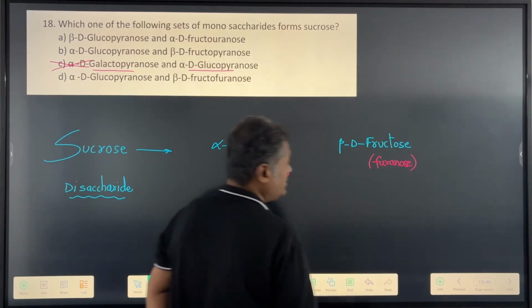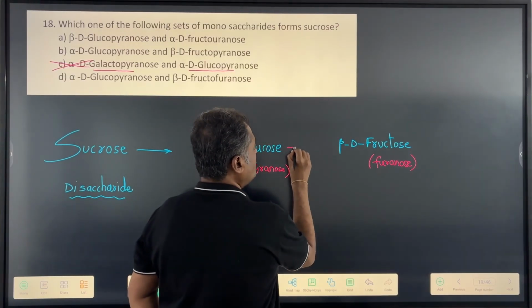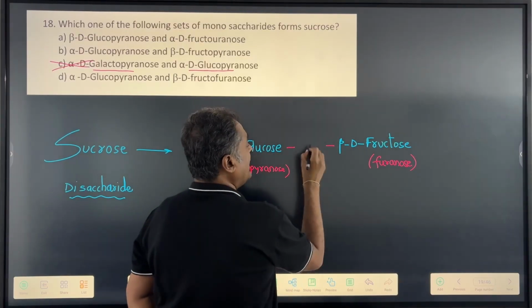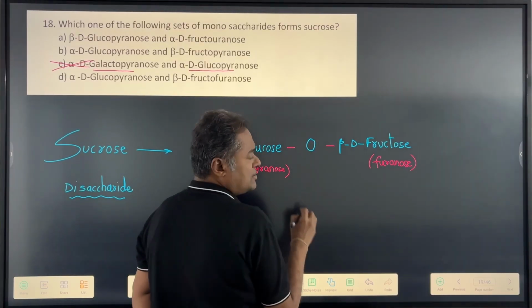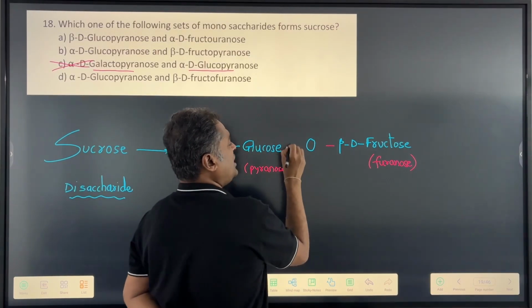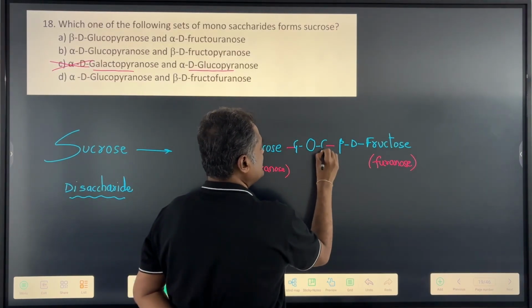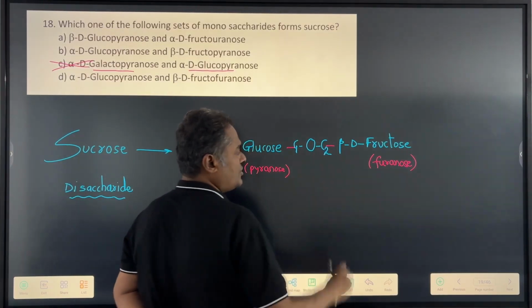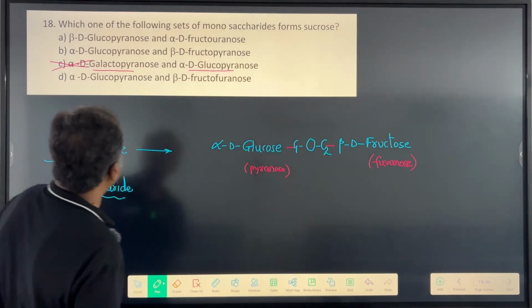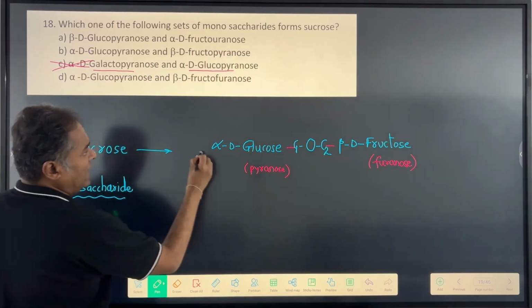Lastly, both of them will get connected by an oxygen linkage, and the carbons involved are C1 of glucose and C2 of fructose. That means you have got alpha and beta.